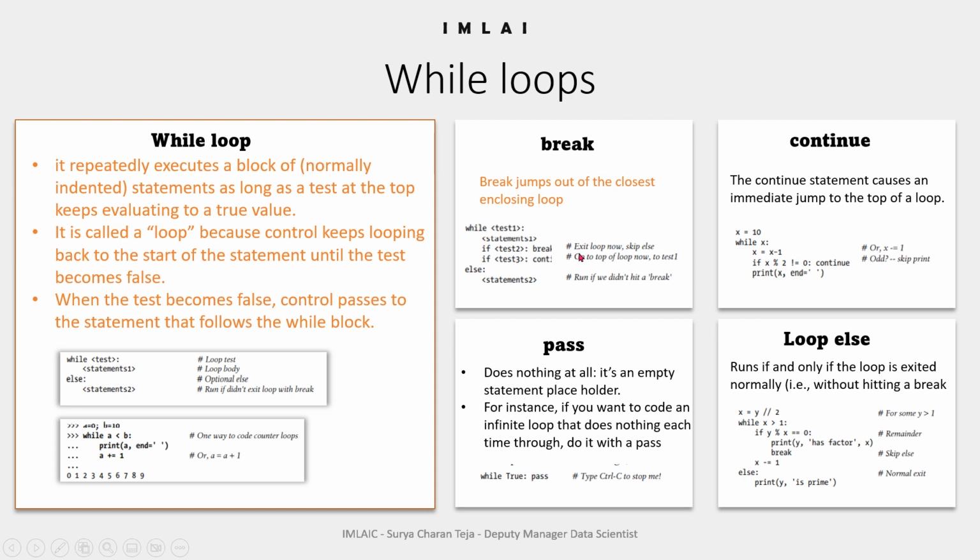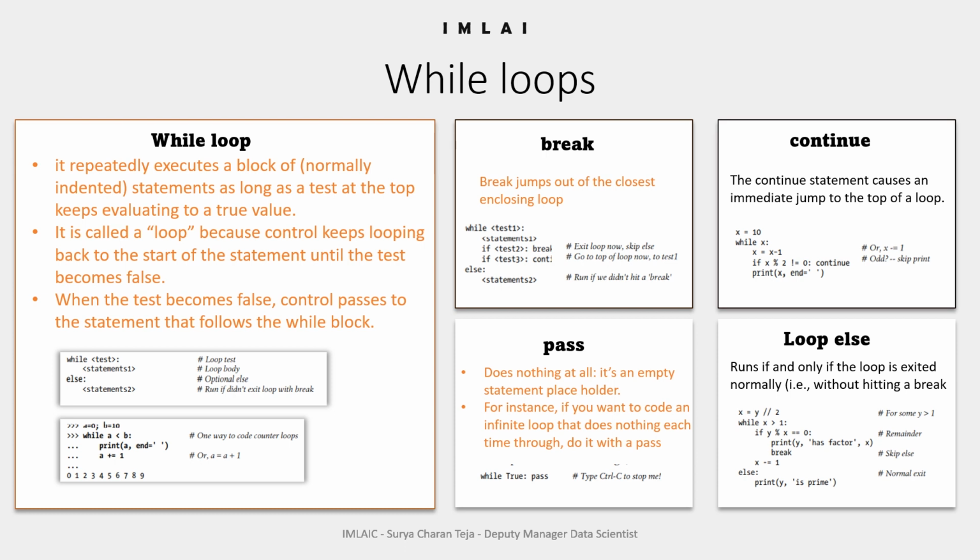The next thing in the pipeline is the pass statement. The pass statement is a no-operation placeholder that is used when the syntax requires a statement but you have nothing useful to say.